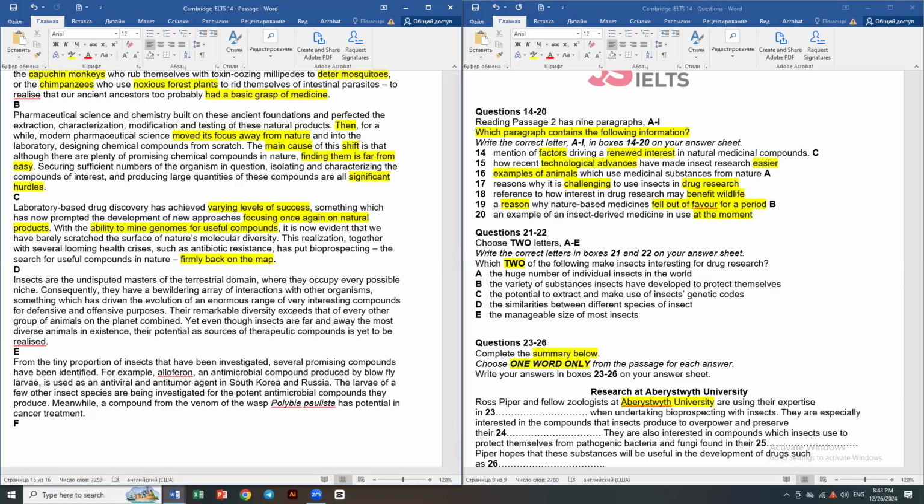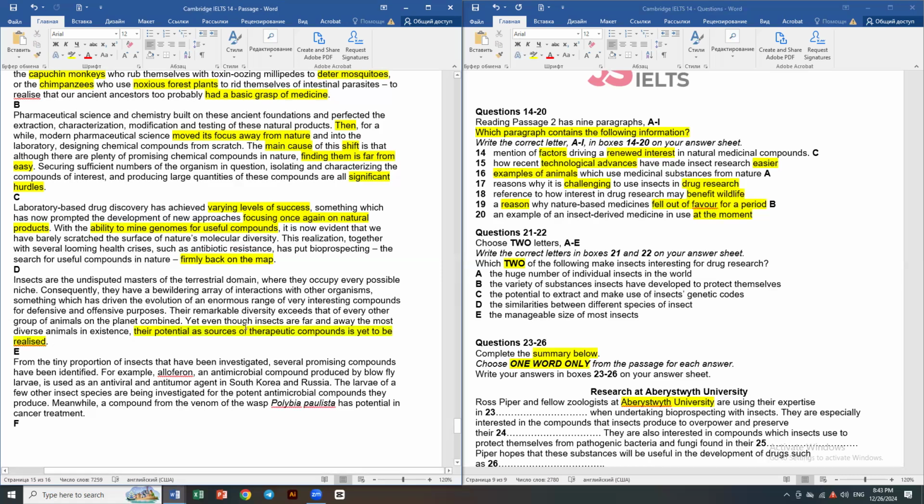Bewildering means a difficult number of interactions with other organisms, something which has driven the evolution of an enormous range of very interesting compounds for defensive and offensive purposes. Their remarkable diversity exceeds that of every other group of animals on the planet combined. Yet, even though insects are far and away the most diverse animals in existence, their potential as a source of therapeutic compounds is yet to be realized.